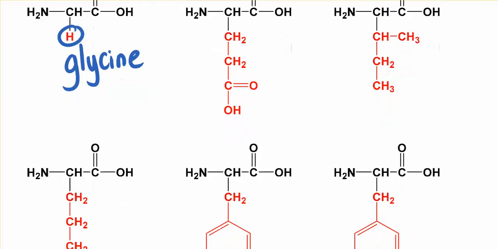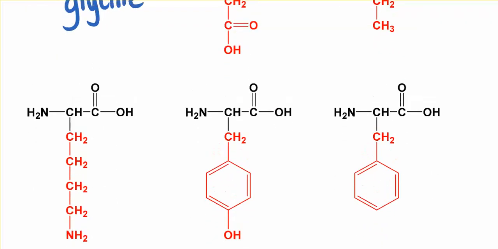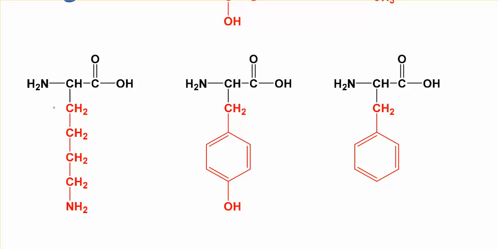Okay, and then there are some more down here, some big ones. This one right here is called lysine. It has an amino group on its R group. That will react with some of our tests. These two both have benzene rings on them. We call the benzene ring, as a branch, a phenyl group.